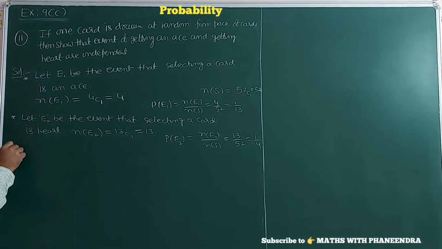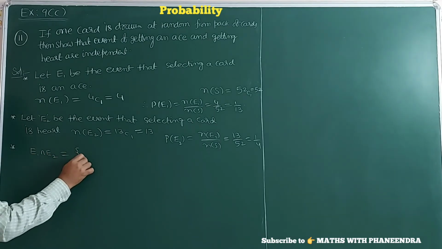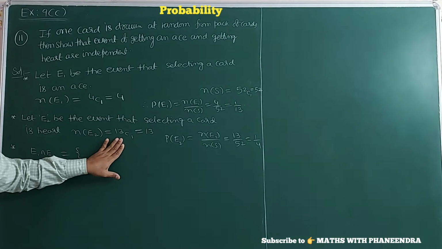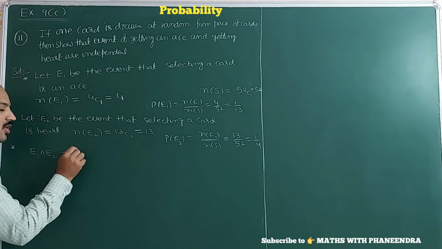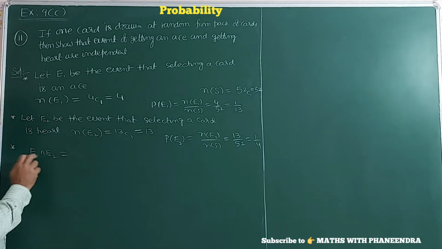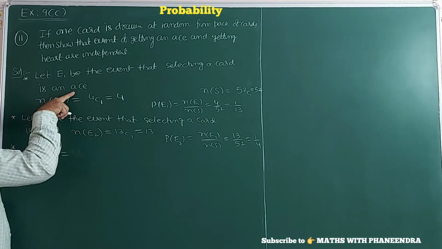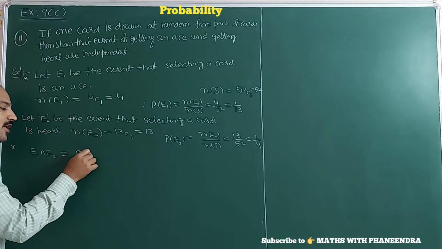Next, E1 intersection E2. So here one ace card is there, and in the 13 hearts also one ace card is there. So it will be only one card, common to both the ace and the hearts.